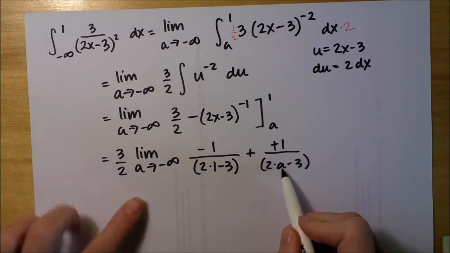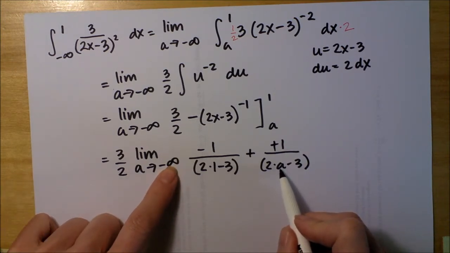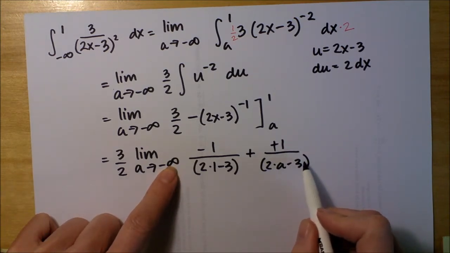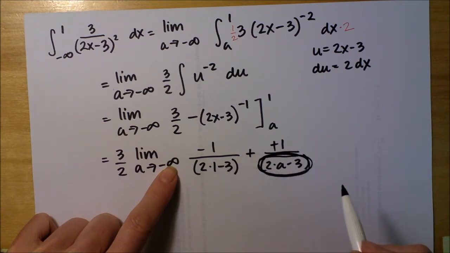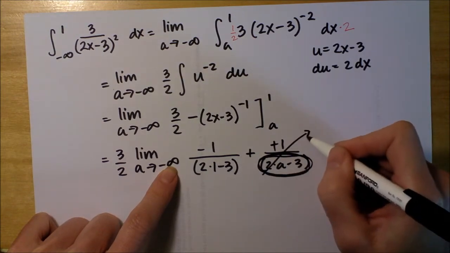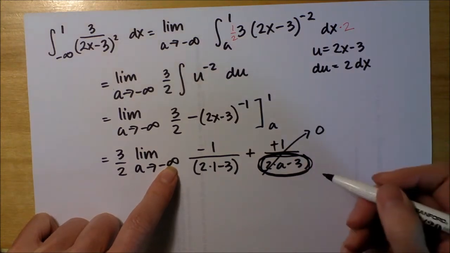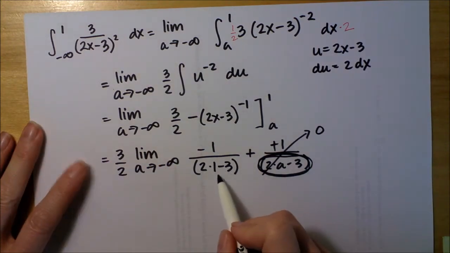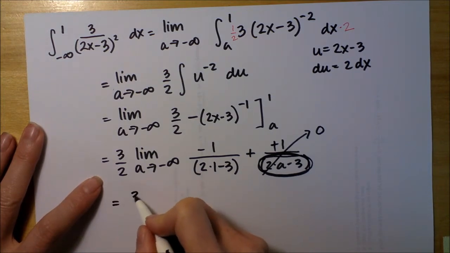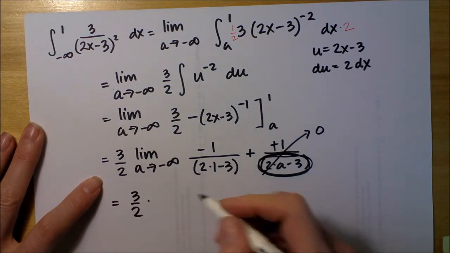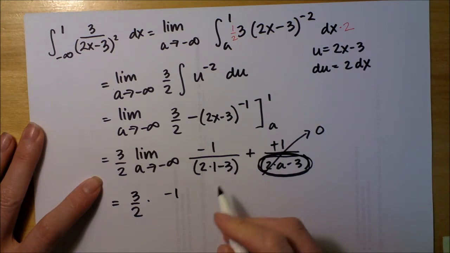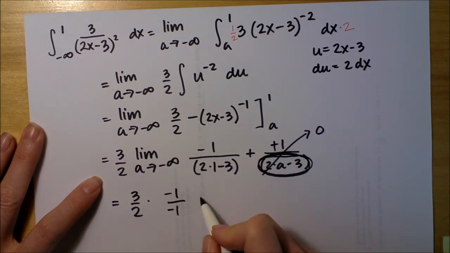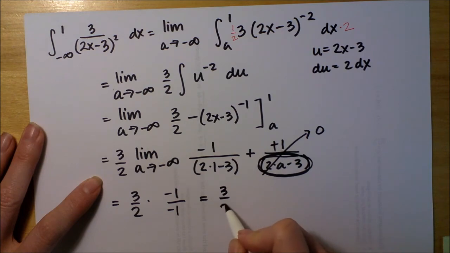So 2 times something enormous and negative minus 3. So we have a very giant negative quantity down here. So that whole thing is going to go to 0. So the value of the limit just depends on this thing. So we get 3/2 times -1. This is 2 times 1 is 2, 2 minus 3 is a -1. So the value of the limit is 3/2.